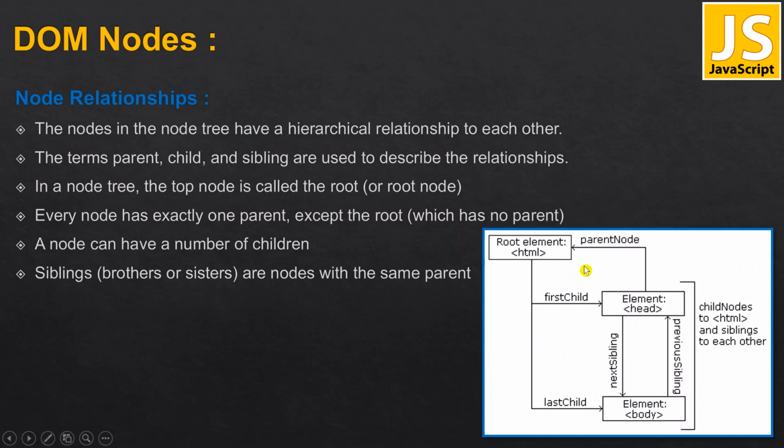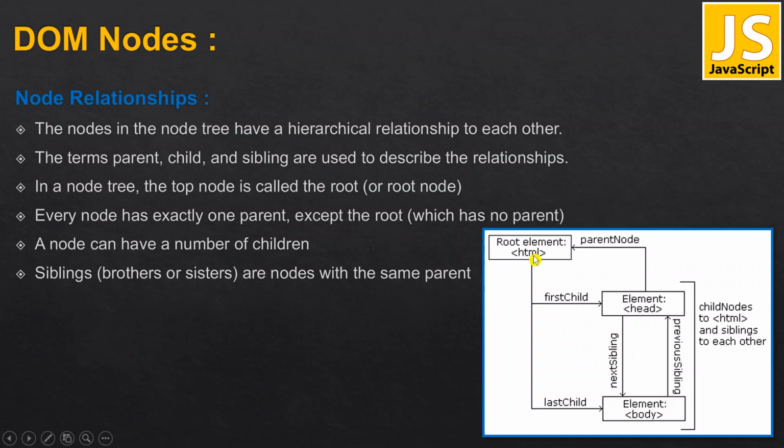In a node tree, the top node is called the root node. In the node tree structure, the root element is HTML. That is called the root node. Root element, root node, or parent node: so many names are there, don't get confused. Every node has exactly one parent, except the root, which has no parent.